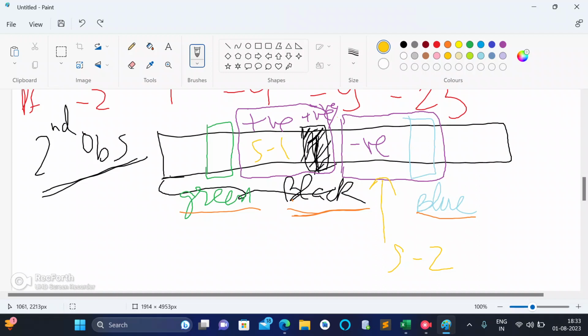And what you can think is, if green is smaller than black, think wisely, then don't you think, let's say green is at the ith index, that from the i plus 1th index till the black index there must be a positive number, which led to black being greater than green?